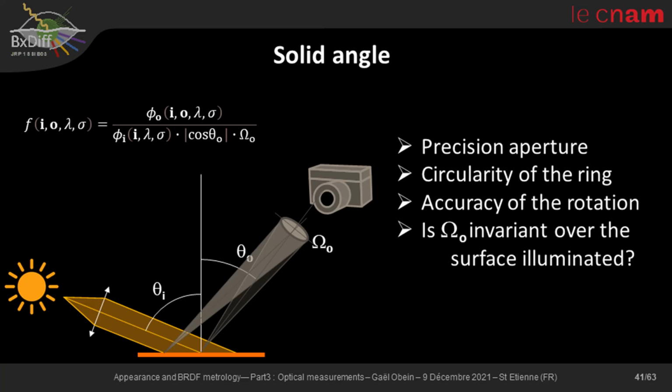If your beam is not homogeneous here, and if your surface does not have the same optical properties along the illuminated surface, then what I do on my side is that I split the illuminated surface in small surfaces, and then I compute the value of the solid angle for each of them, and then I sum.